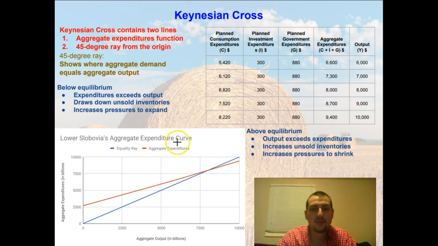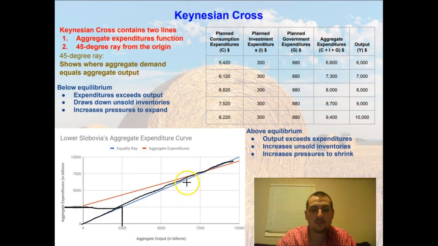And then we also put in this ray that comes out at a 45-degree angle from the origin. And we know it's at a 45-degree angle because we're finding out that the aggregate expenditures equals the aggregate output at all points. So you can see that right here, aggregate expenditure is at 2,500, and then also aggregate output is at 2,500 as well.